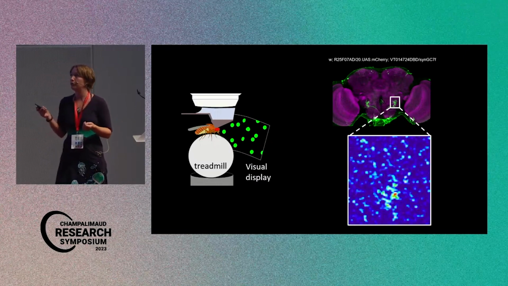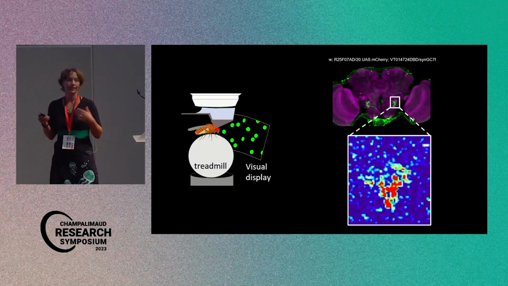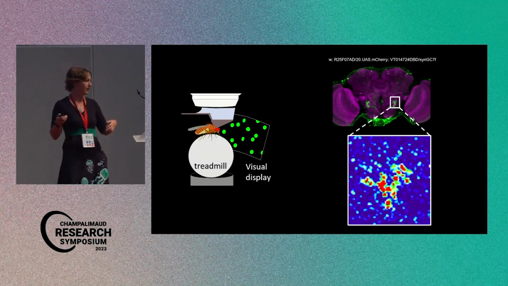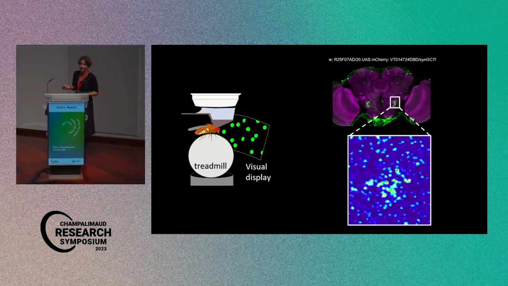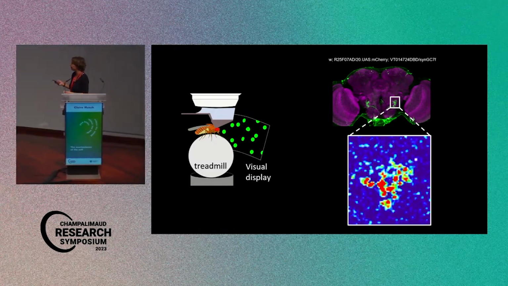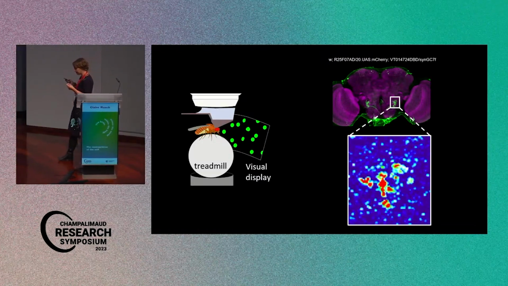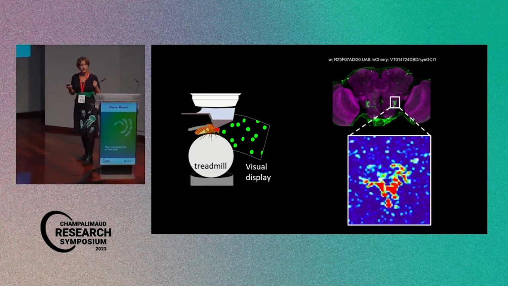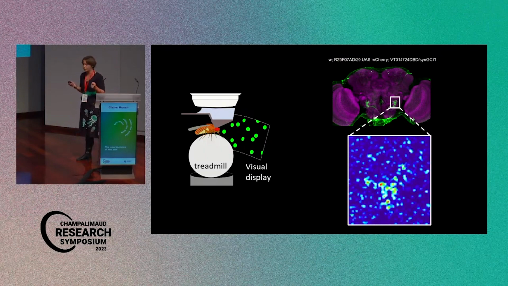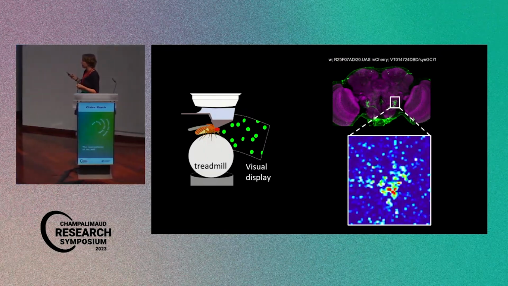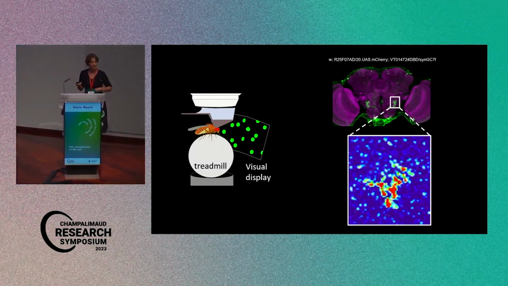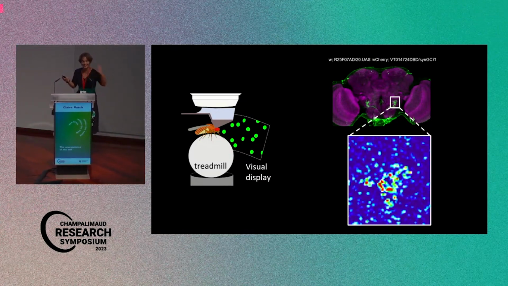Here is the fly line that we're using. Again, it's a GAL4. One of the big advantages of the fruit fly is that we can target very specific neurons. And here I'm expressing GCaMP, a calcium indicator, only in the synapses of BIPS. So I'm really able to record only the output of this neuron, what it is broadcasting to the rest of the brain.